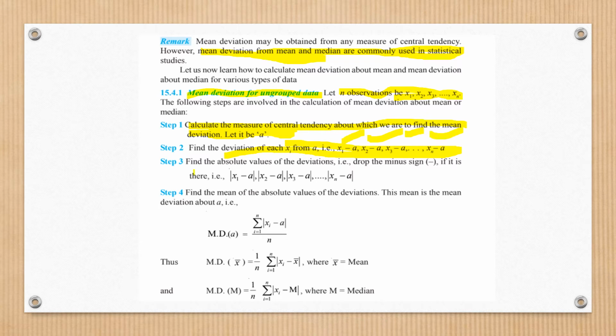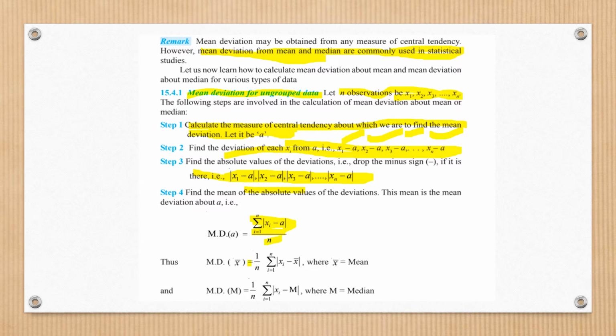Then I will calculate their absolute values, the same thing that we used to do in di is xi minus a. We will consider the absolute values, and then find the mean of these absolute values, that is, the summation of xi minus a whole mod divided by n.